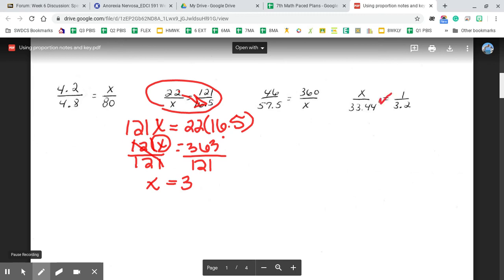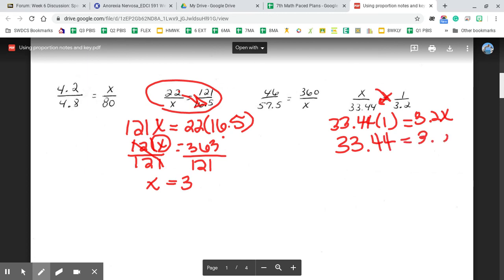So again, you're cross multiplying. So 33.44 times 1 is going to equal 3.2 times x. 33.44 is 33.44, which is equal to 3.2x. Okay. To undo this, we are dividing. So we're going to divide both sides by the number with the x.